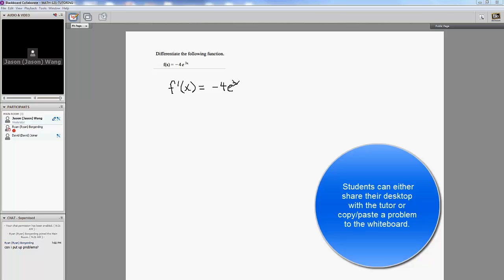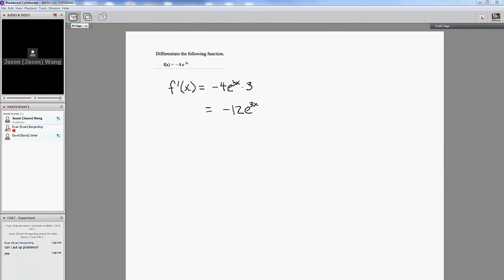And then the derivative of e to anything is just going to be itself. So we have e to the 3x. But then we have to apply the chain rule, and take the derivative of this 3x, and that's going to be 3. So we multiply that by 3. And then when we simplify this down, it becomes -12 e to the 3x. Does that make sense?